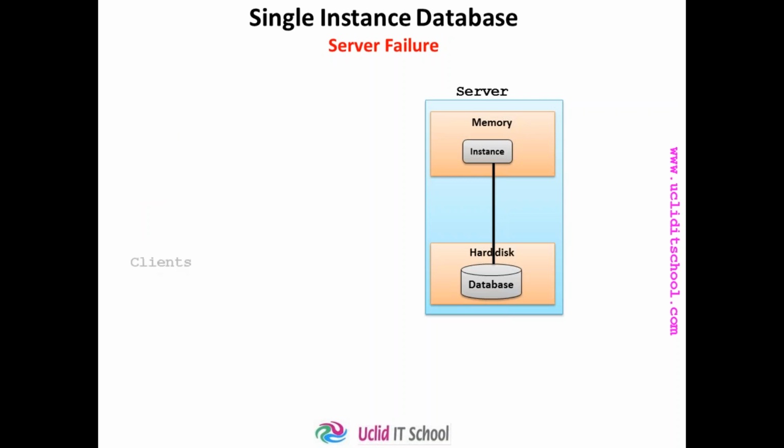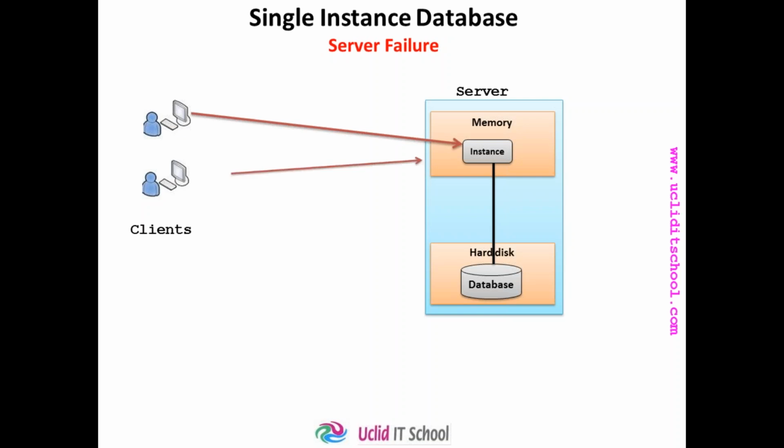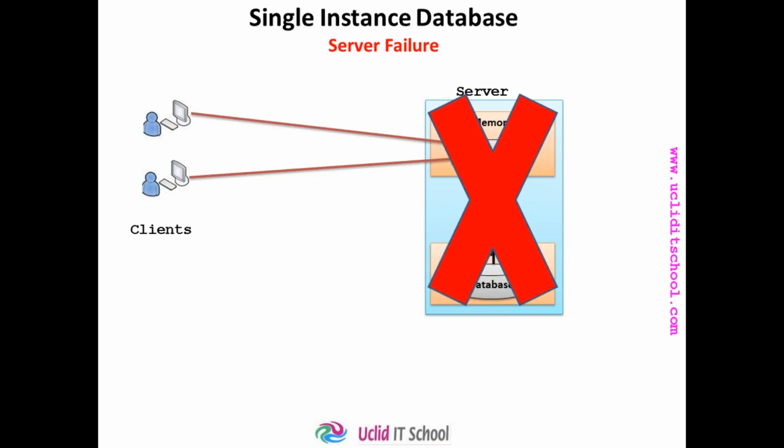The next problem could be, again, the same server, same clients connecting to the instance and accessing the database. Now this time the entire server failed. Again, there could be many reasons.